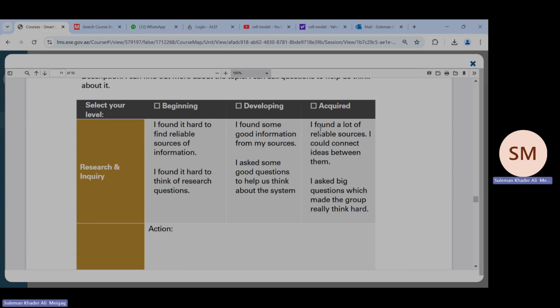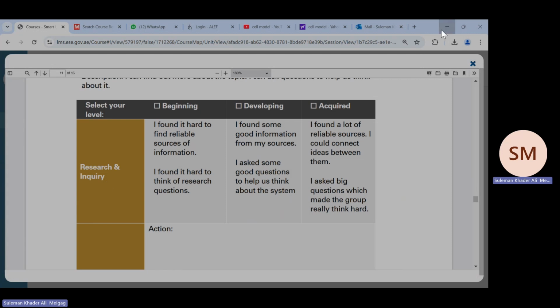And the highest, if you found lots of research about Nabat Khaliya, Hayawan Khaliya, and you can connect the ideas between the Khaliya Nabat and the Khaliya Hayawan and the organelles of all the parts, then you get acquired, the highest for research and inquiry.